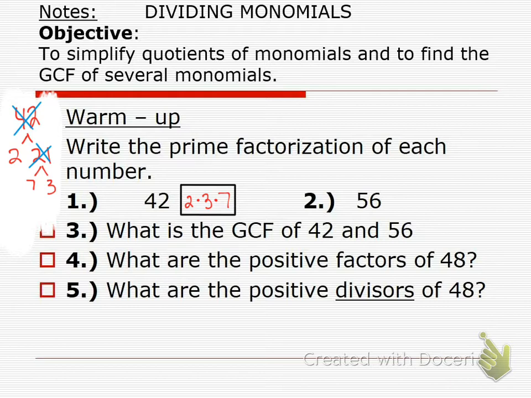All right, now we're going to do the prime factorization of 56, so I'll make that tree on the other side. What could I break 56 into? Two numbers that would multiply to 56.